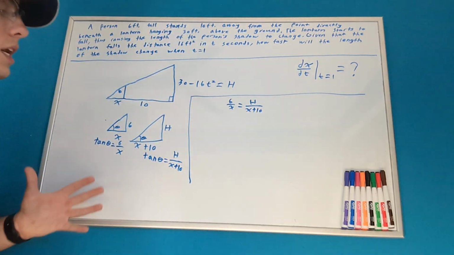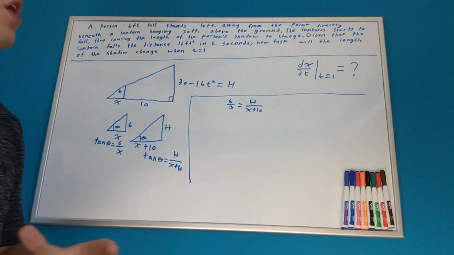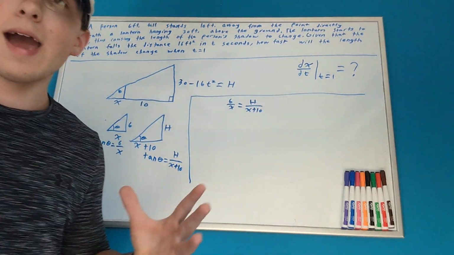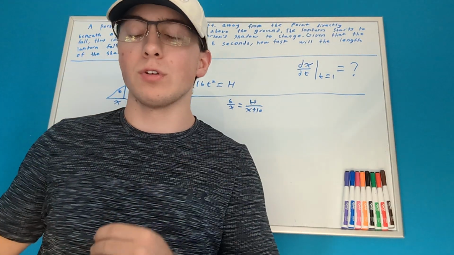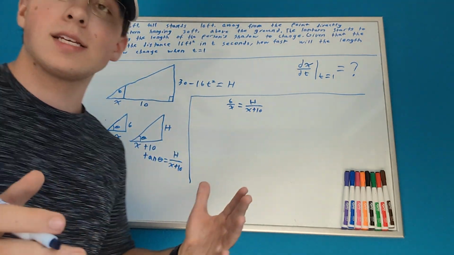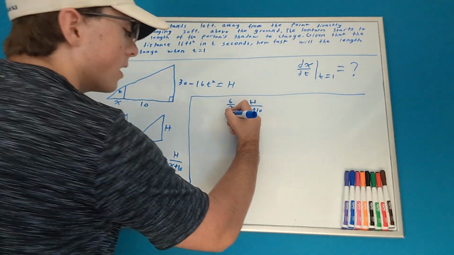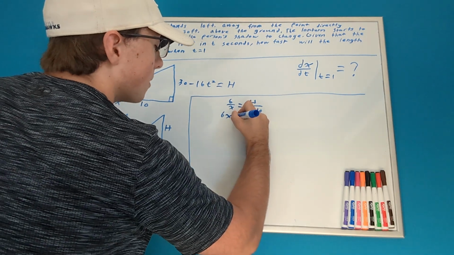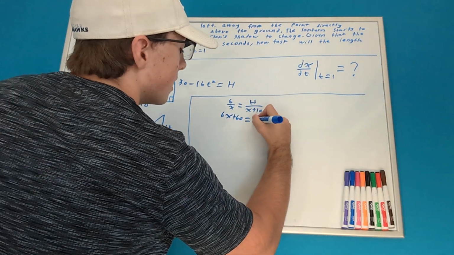And let's recall, what are we trying to solve for? We're trying to solve for the rate of change of x when t equals 1. So what we want to do is try to isolate x. Let's start with cross multiplying, and we get 6x plus 60 equals hx.